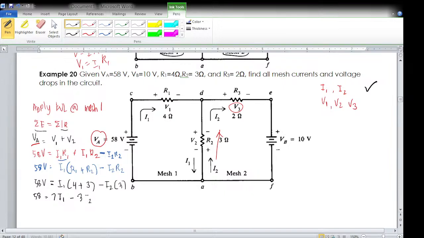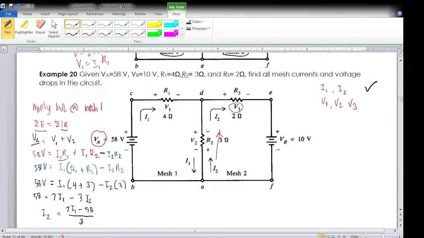You can solve for I sub 2 or I sub 1, it's up to you. Let's have I sub 2. So I will transpose it to the other side. It will become I sub 2 equals 7 I sub 1 minus 58 over 3.